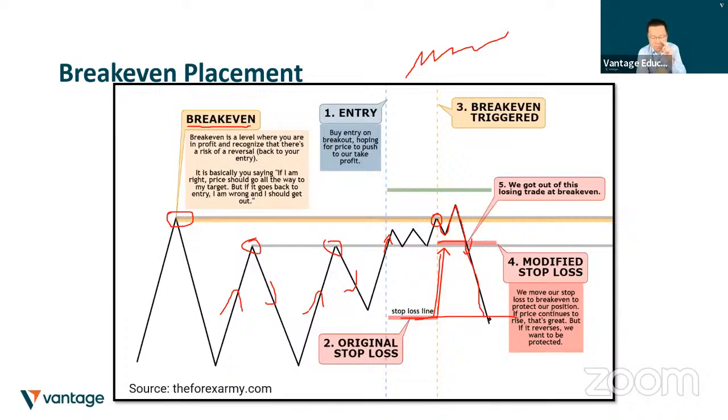What I've always seen a lot of retail traders suffer from is they have small profits, right? Small profits. Pardon my scribble. And then they have big loss, right? Why do they have small profits and big losses?